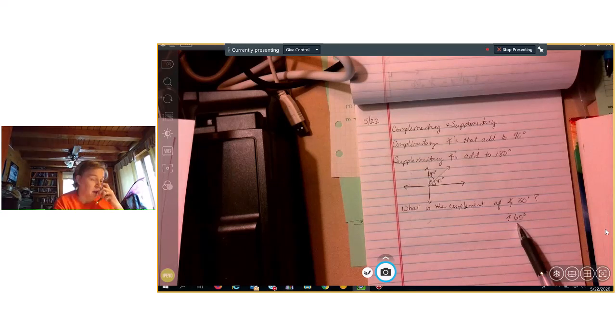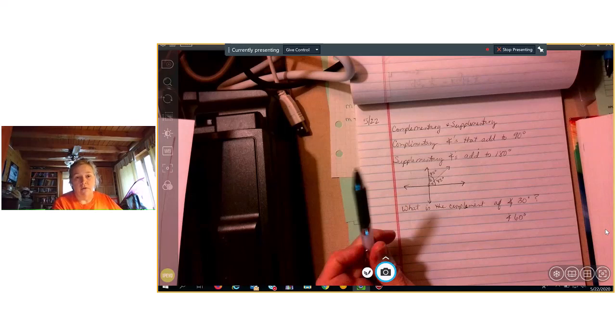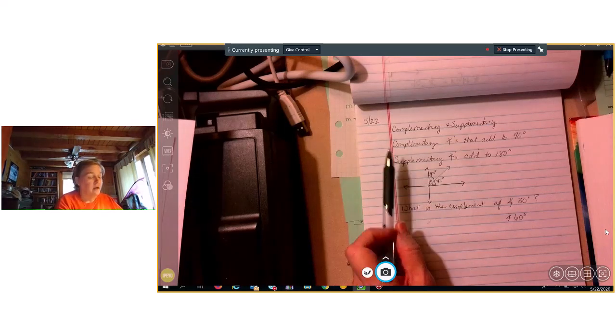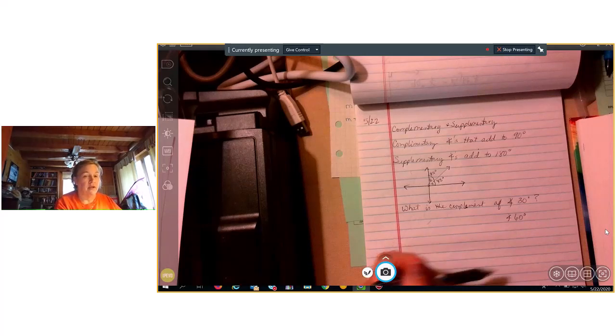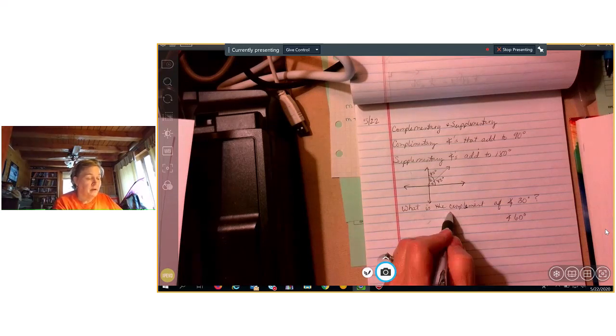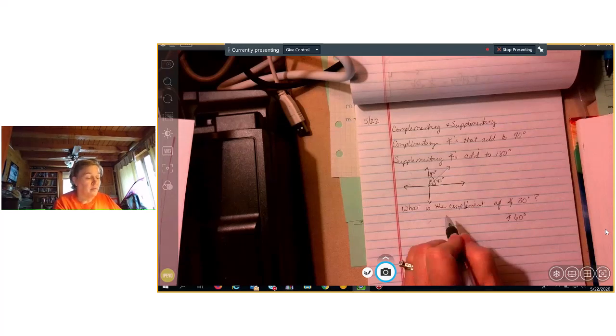The same thing goes with supplementary angles. What is the supplement of a 150-degree angle? Its supplement is going to be 30 degrees, because 150 plus 30 add to 180. So watch how the wording is. You're going to say the complement of a 30-degree angle is 60 degrees.